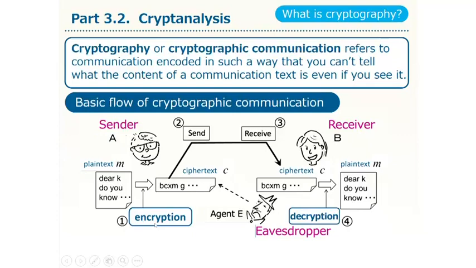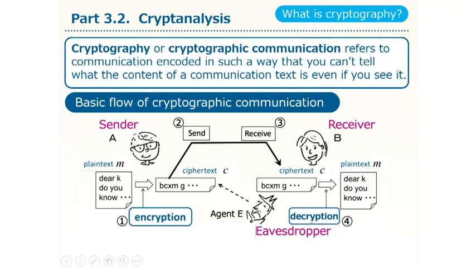Then this ciphertext is sent to receiver B. Upon receiving the ciphertext, receiver B restores the ciphertext to the original plain text. This is called decryption. This is the main flow: first encryption, second send, third receive, and fourth decryption.